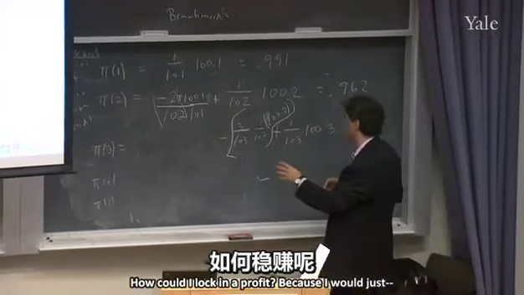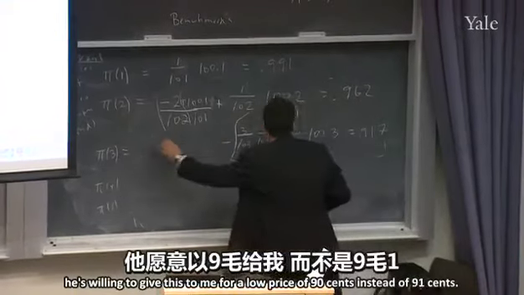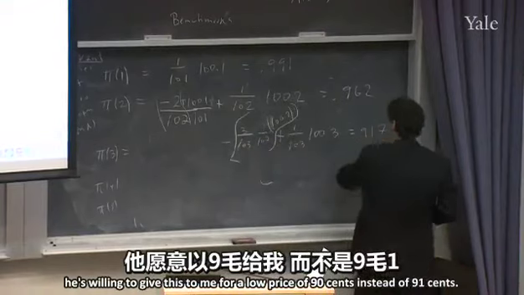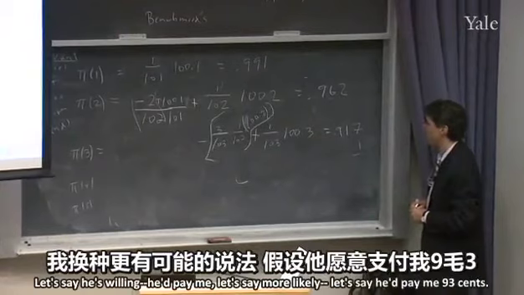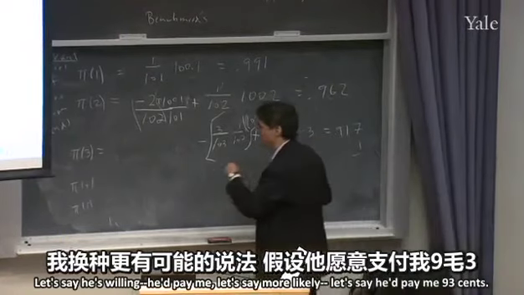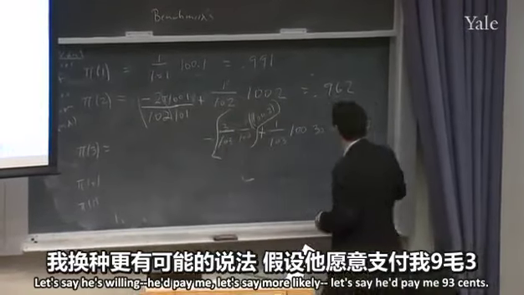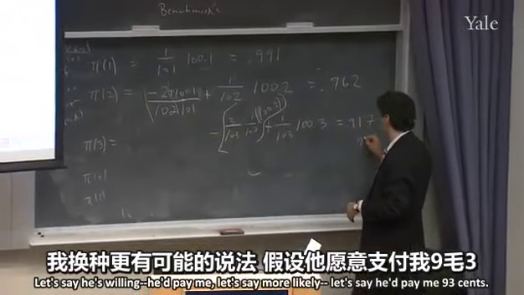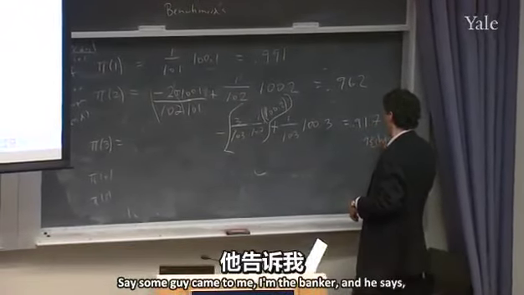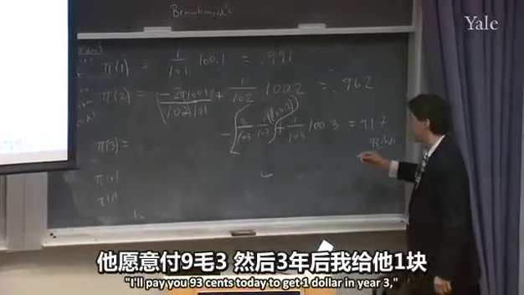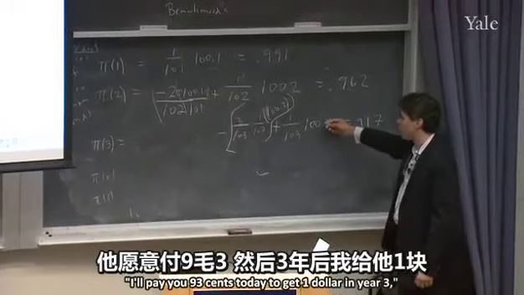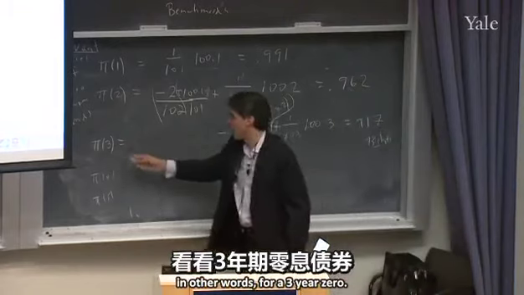Let's say more likely that some guy came to me, I'm the banker, and he says, I'll pay you 93 cents today to get $1 in year 3. In other words, for a 3-year zero.